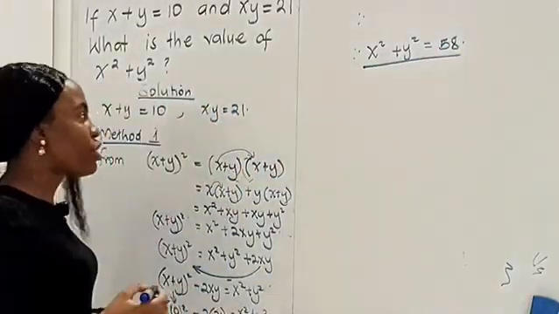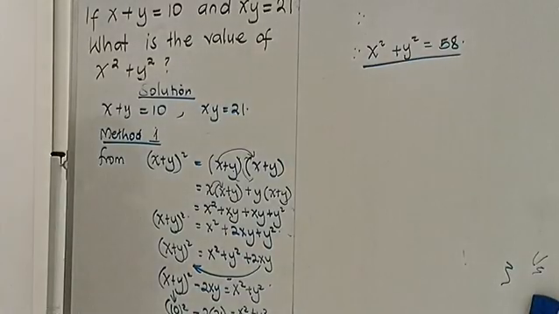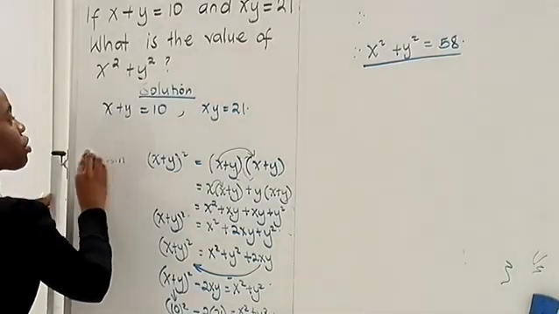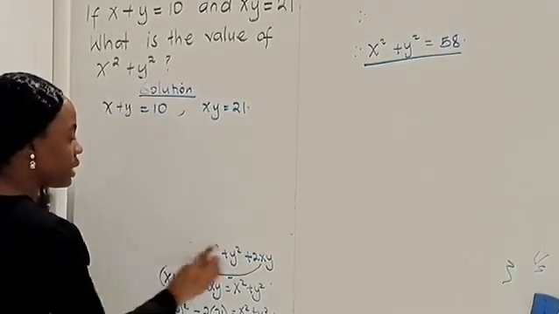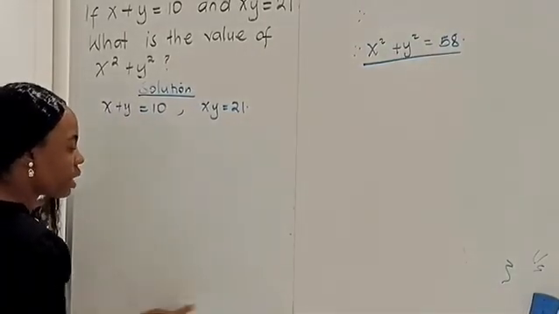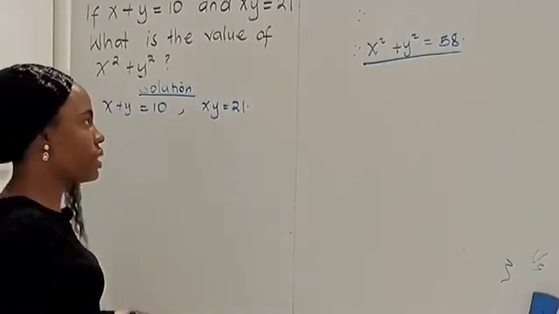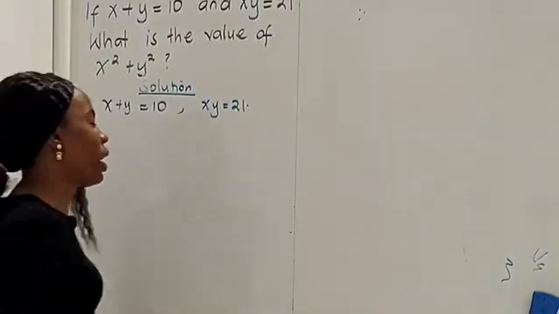Now, we are going to use another method and see whether we get the same answer. So method 2, we are going to solve these two equations that are given to us simultaneously, okay? Then after finding the values of x and y, we get their squares and we add them, okay?